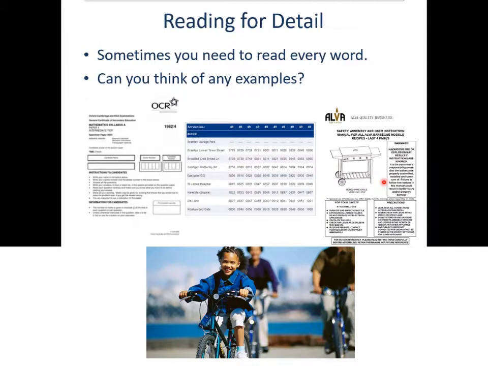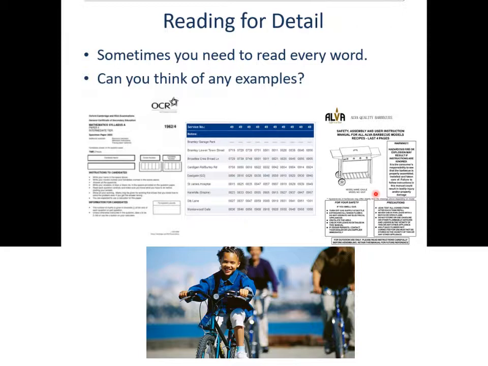Okay, sometimes you need to read every word. So this is reading for detail. For example, this is a manual. Before you start operating something, a machine for example, you need to read the manual. You need to know about all of the parts for that particular machine, how each functions differently from the others, and how to make sure that it is safe for you.